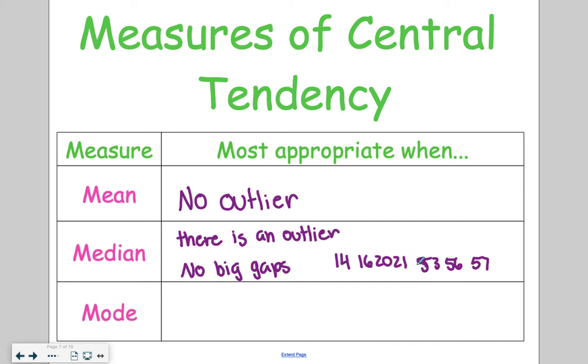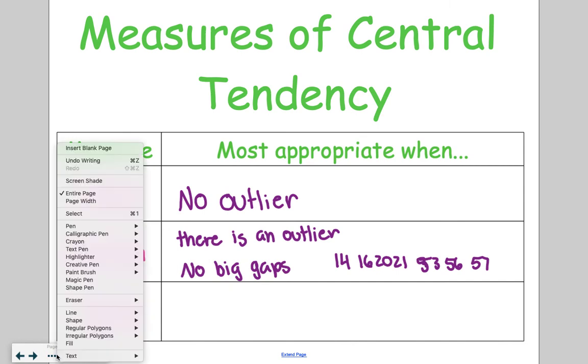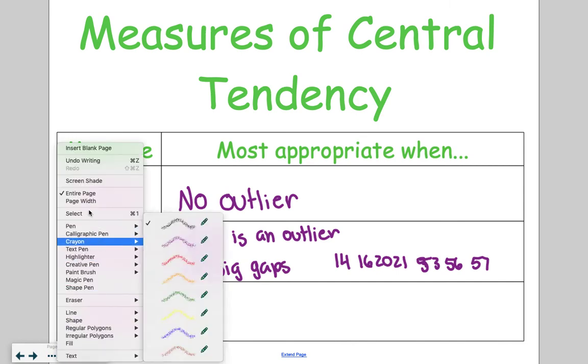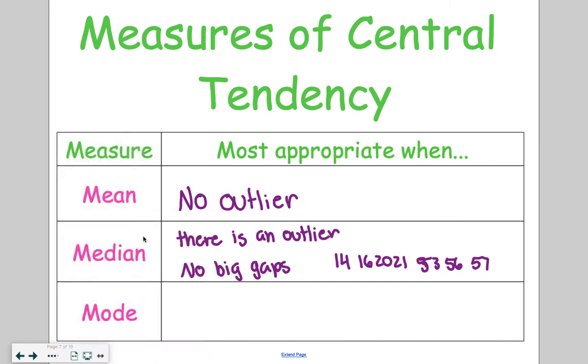If there's this gap in the middle, then you would go back and use the mean. So if there is an outlier, you're going to use the median. If there is a gap or there's no outlier, you're going to use the mean.